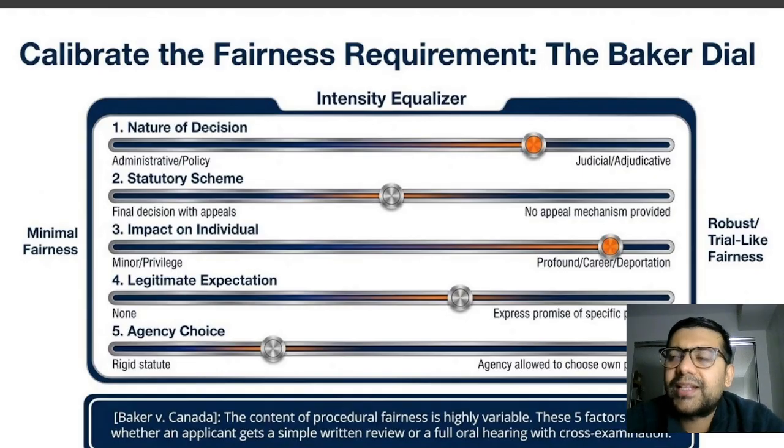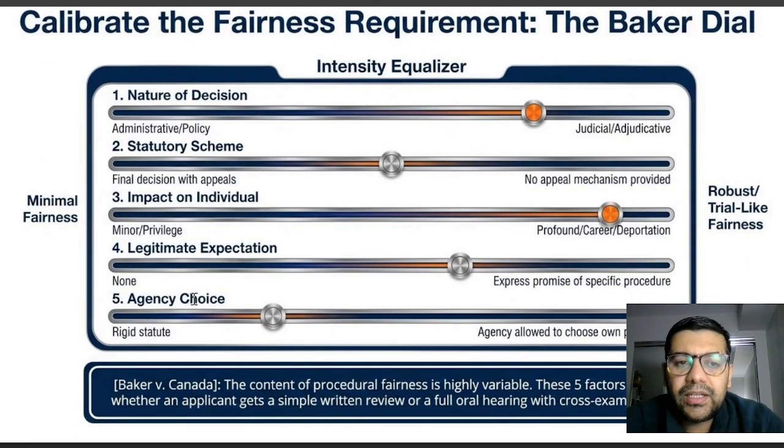But if it's about a very small inconvenience that could occur to a person, then I think the minimum procedural fairness is owed, because even government organizations are busy, overworked at this point in time. So it's very understandable that if the impact on you is not that huge, you should not expect a really high level of care from the government body.